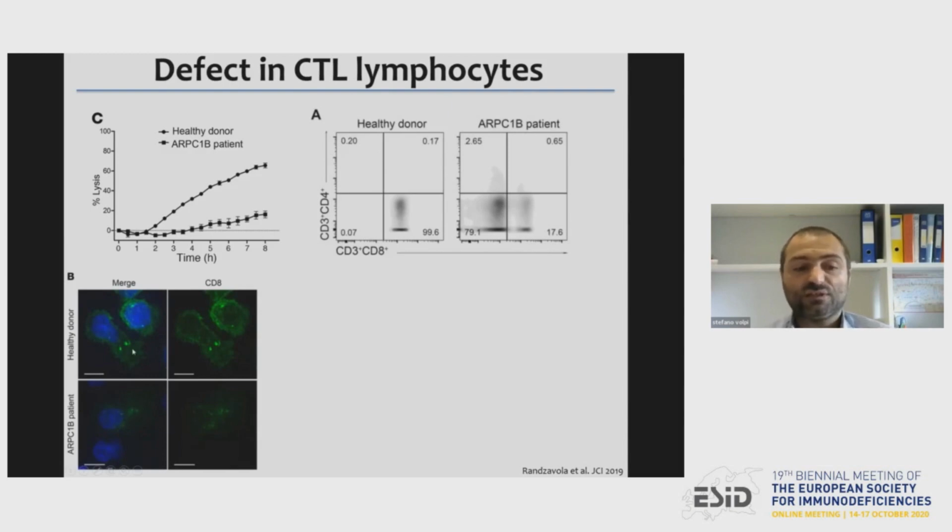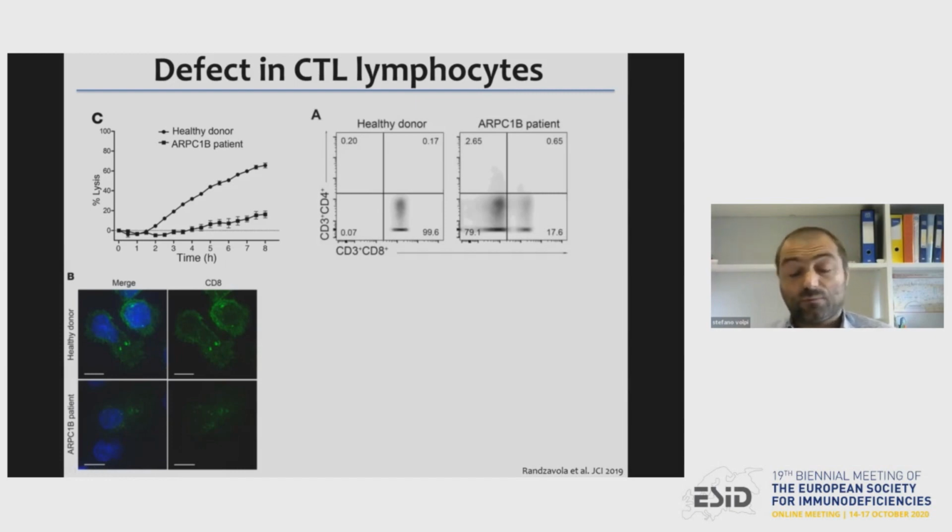Here you see the patient, and here you see a healthy donor. And so CD8 is present, but is intracellular. As we well know, membrane proteins like TCR and CD8 and CD4 have to relocate from the membrane to intracellular compartments and then translocate back into the membrane.